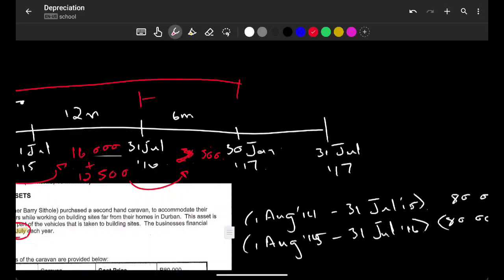For these last 6 months, remember when you calculate accumulated depreciation on any asset, especially when calculating for asset disposal, you calculate it up until the day it was sold, right? Normally they would give you until the beginning of the financial year, and then to trick you in a way, you would just use that. But remember, up until the day it was sold.